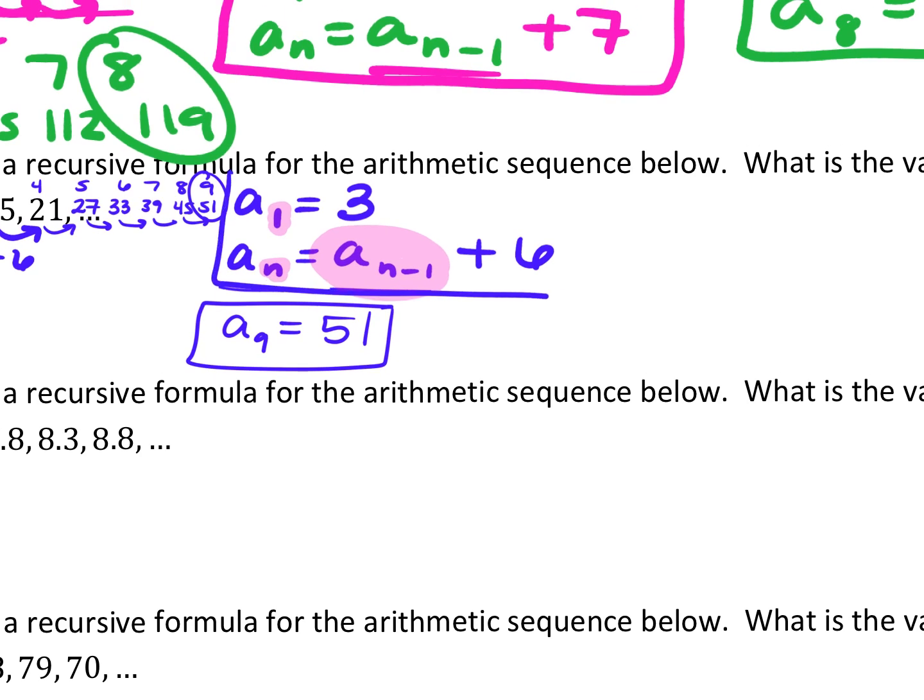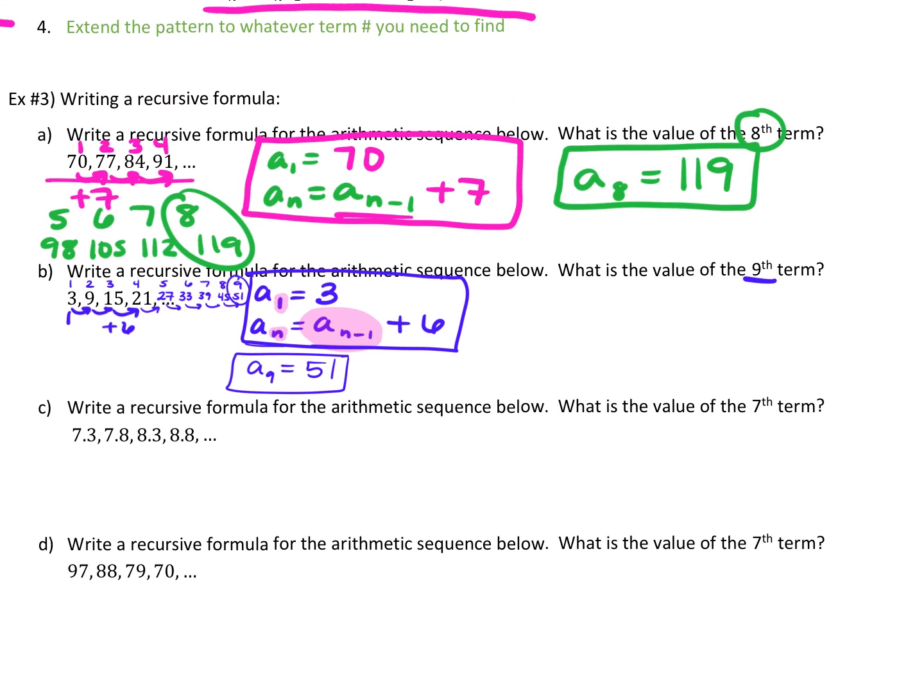This is the recursive formula. So for our answers on the homework, it'll be like this. You'll put the formula, and then you'll find whatever term number they asked you to find. Can't you just do 6 times 9? No. Because you're forgetting that we didn't start from 0, right?